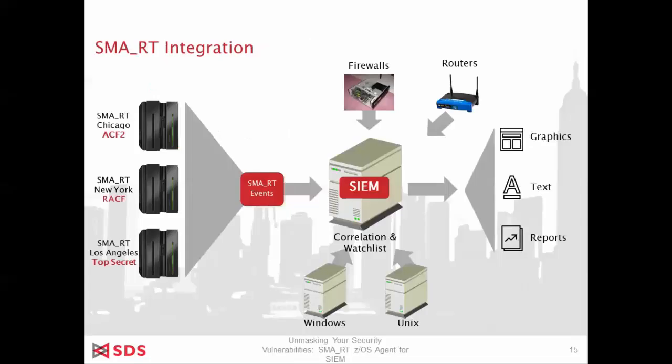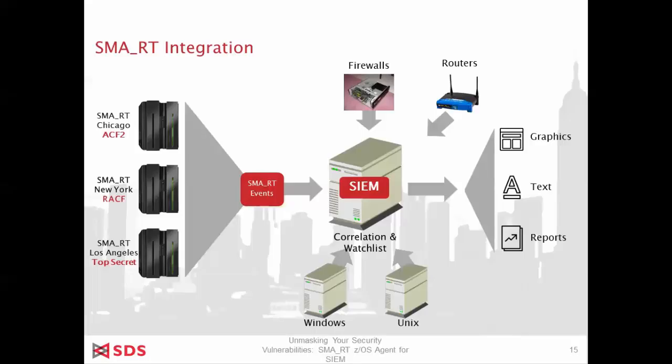So this diagram illustrates how you can gather data from the different distributed range of systems, including z/OS, and send it to a centralized location. We've been finding more and more that z/OS was probably excluded from customer SIEM strategy, but lately it's getting a lot of visibility, and z/OS is now included in that SIEM strategy.